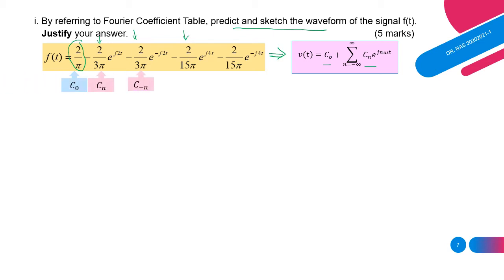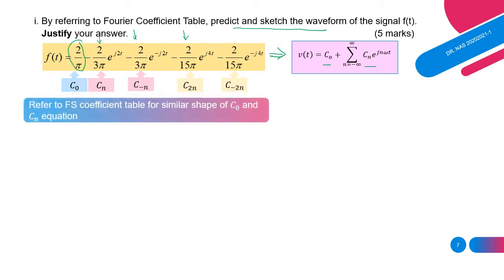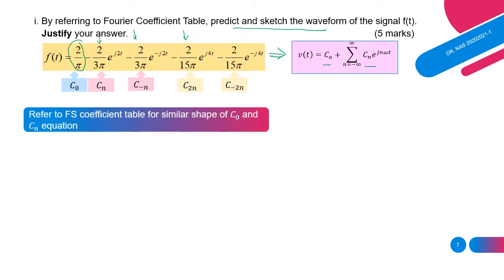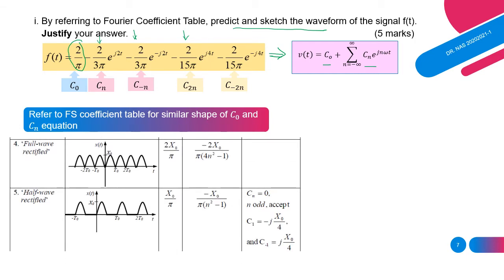This is your Cn and C minus n, followed by C2n and C minus 2n. Then you need to refer to the Fourier coefficients table and look for a more or less similar shape of C0 and Cn equation to the given equation.